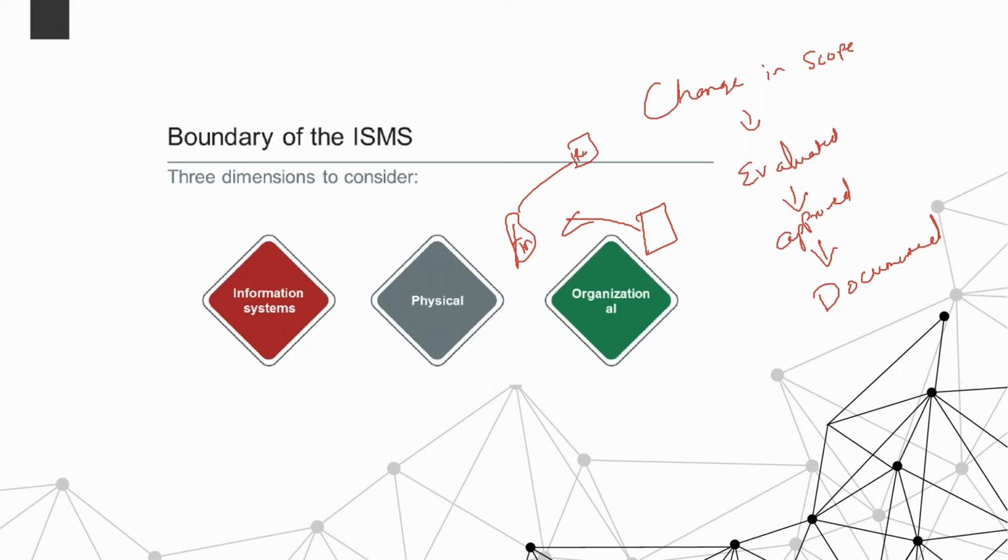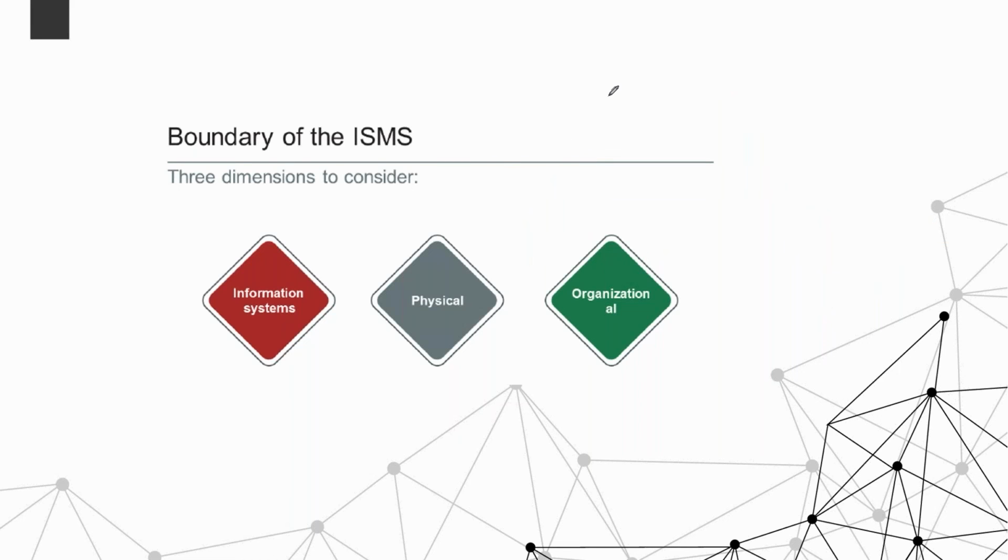Now, let me give you a few pointers before going with an implementation. As of now, we have understood the organization, and the boundaries of the organization where this ISMS needs to be implemented. So we defined the scope. After defining the scope, we went for an approval.